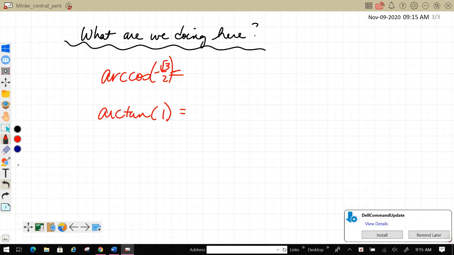So the arc cosine of negative root 3 over 2. Your brain, in a sentence, should be thinking what? Good. The angle that has a, what is cosine? X. What angle has an X value of negative root 3 over 2? And you're thinking backwards from your unit circle.